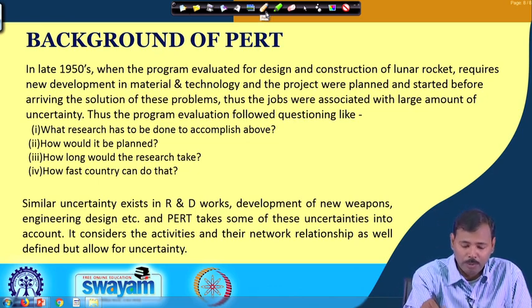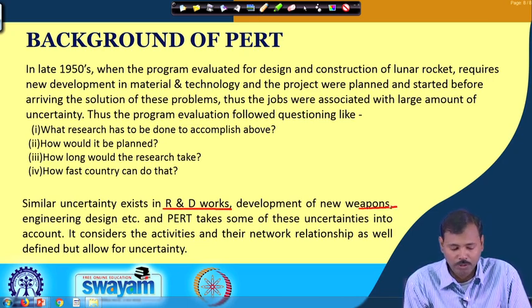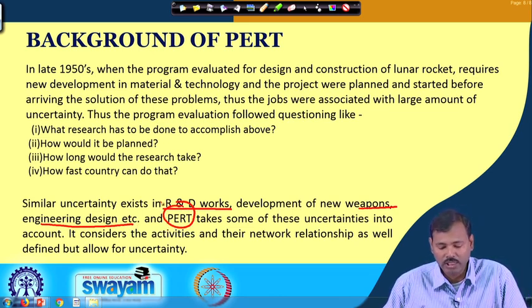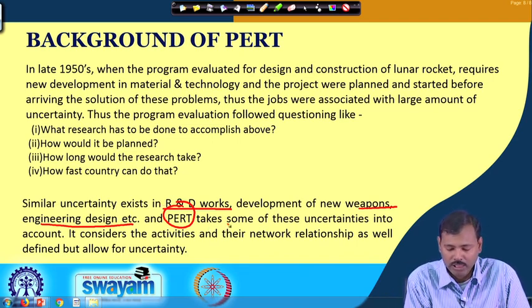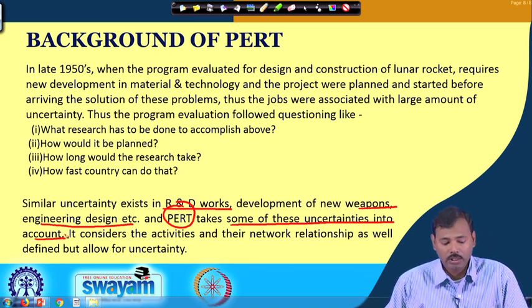This type of uncertainty works in R&D works, development of new weapons, engineering design, and in all those cases program evaluation and review technique is considered, because some of these uncertainties can be taken into account.